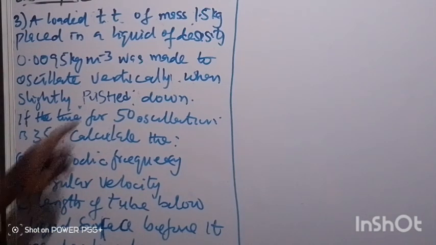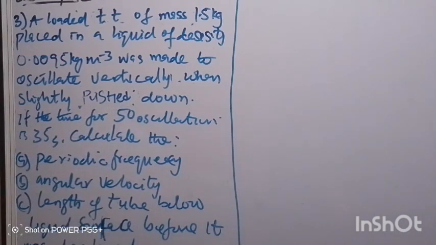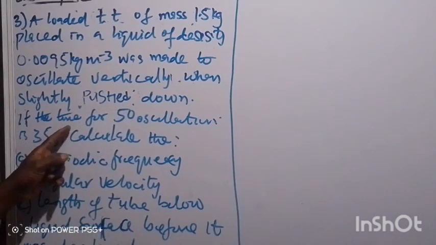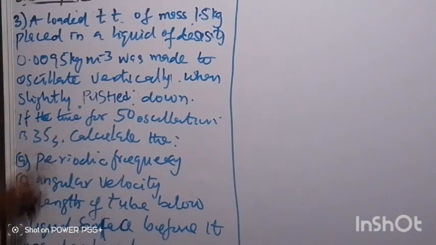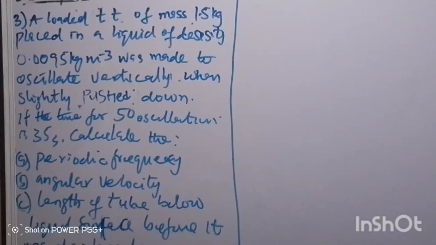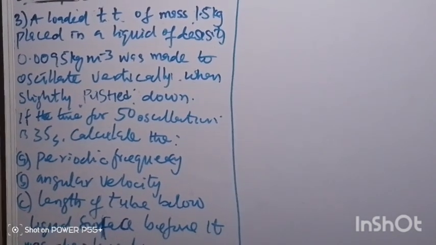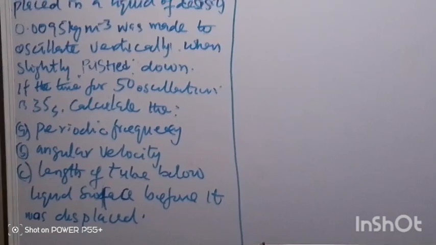If the time for 50 oscillations is 35 seconds, calculate: A. Periodic frequency, B. Angular velocity, C. Length of the tube below the liquid surface before it was displaced.